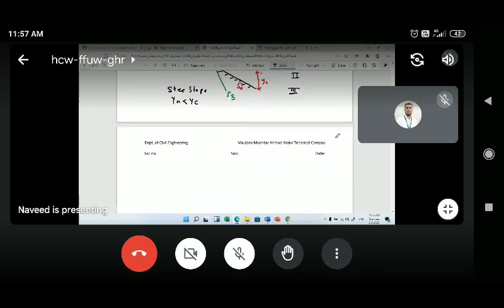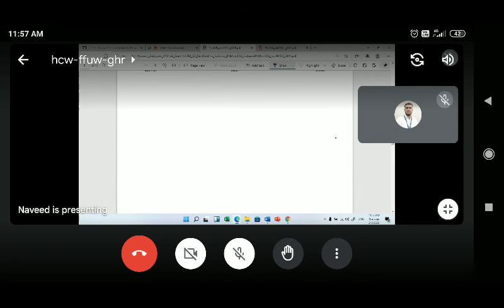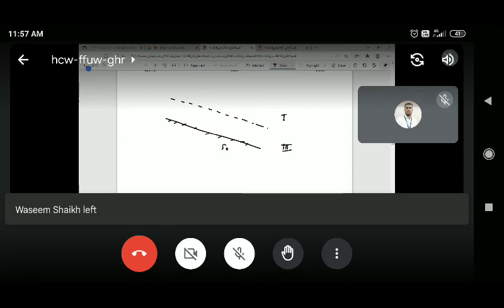Now if you have the critical slope, it means that there are only two zones. Critical slope is in between the mild slope and the steep slope. This is the S0, and there are only two zones, 1 and 3. The second zone doesn't exist here.